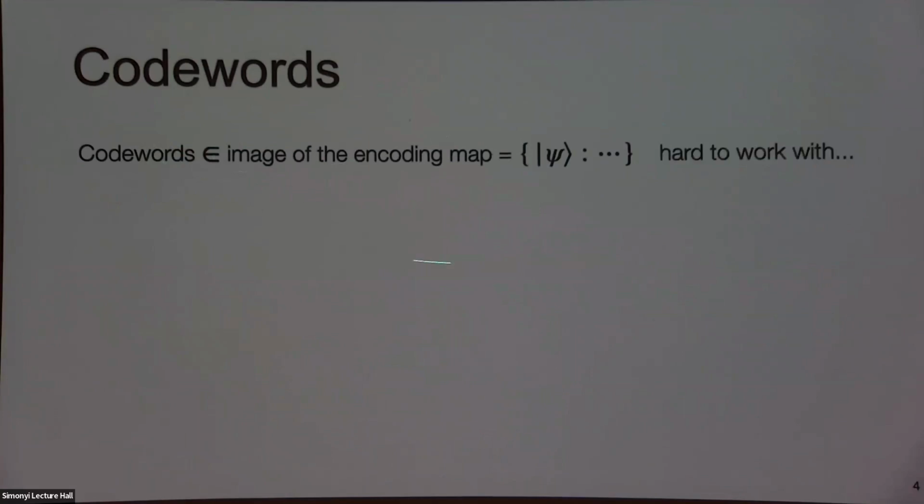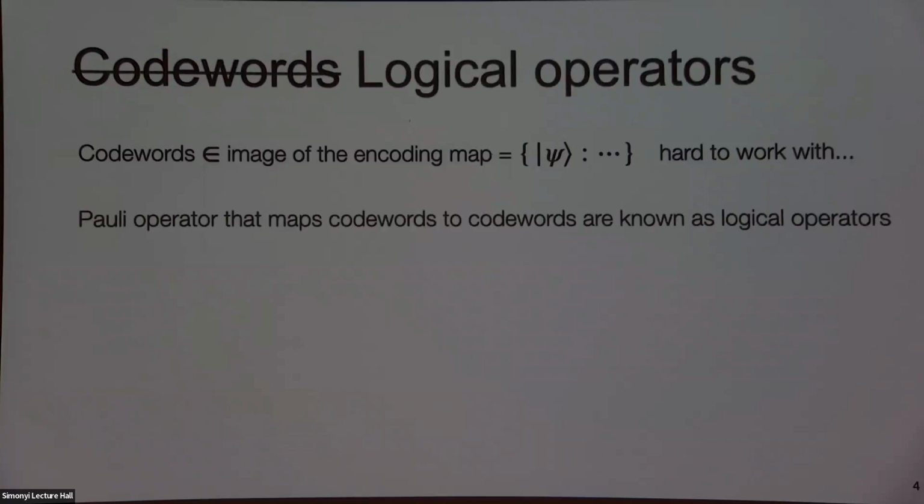The next thing we have to think about is, what does a codeword mean? Traditionally, a codeword is exactly the image of your encoding map. But again, the encoding map is hard to work with. So instead, we think of it in a different way, through the logical operators. These are the operators that map codewords to codewords. In this context, they are, again, the X type and the Z type.